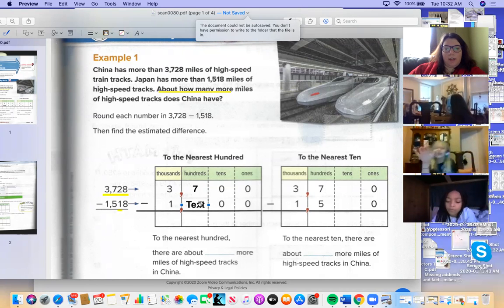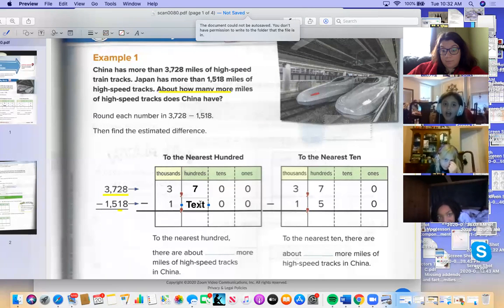So it'll be what, Charlotte? 1 through 4, stay on the floor. So 1,500. Yes, 1,500.